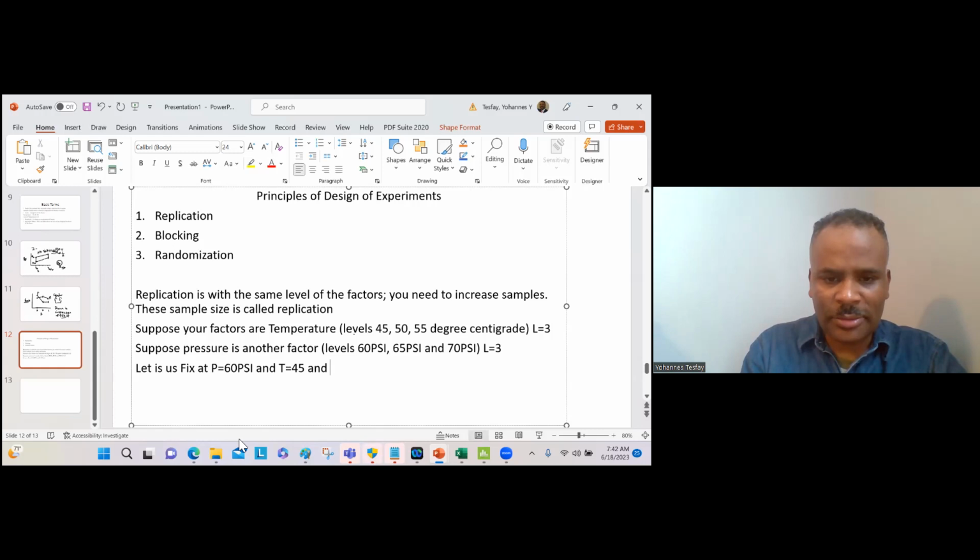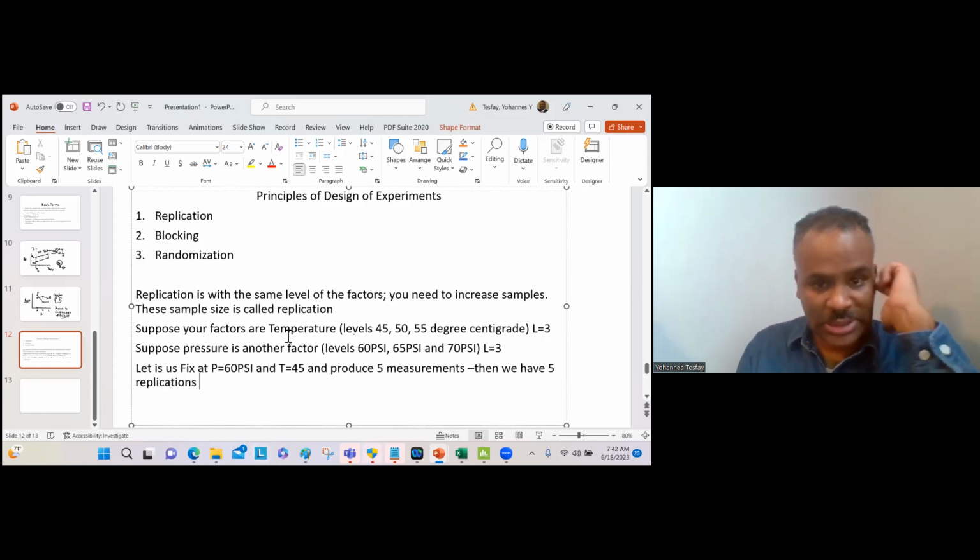And now replicate, right there, you are going to produce five measurements. These are five replications.